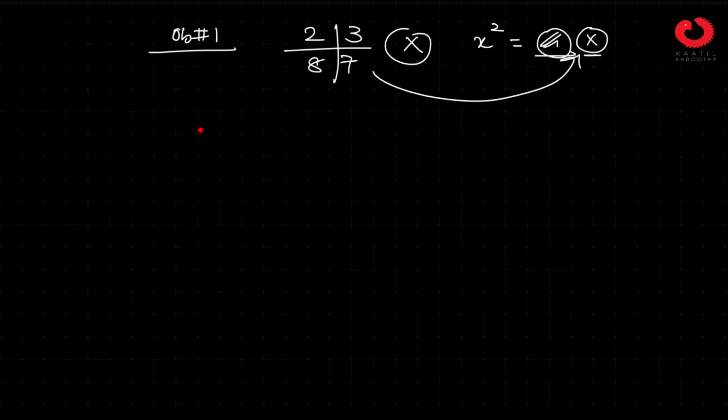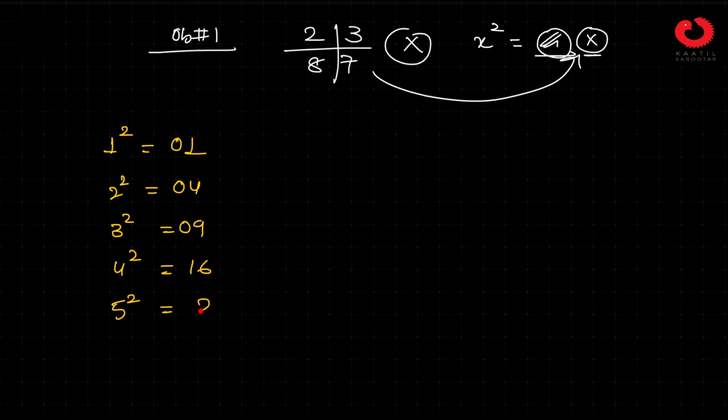Now there is a small problem with this. I just want to show you: 1 square is 1, 2 square is 4, 3 square is 9, 4 square is 16, 5 square is 25. Now see what 6 square will be: 36. 7 square is 49, 8 square is 64 and 9 square is 81.